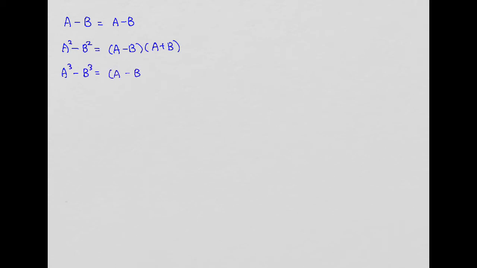That's (a − b)(a² + ab + b²). And when I have a⁴ − b⁴, the factor will be a − b. This can be developed by using long division or synthetic division. So (a³ + a²b + ab² + b³).